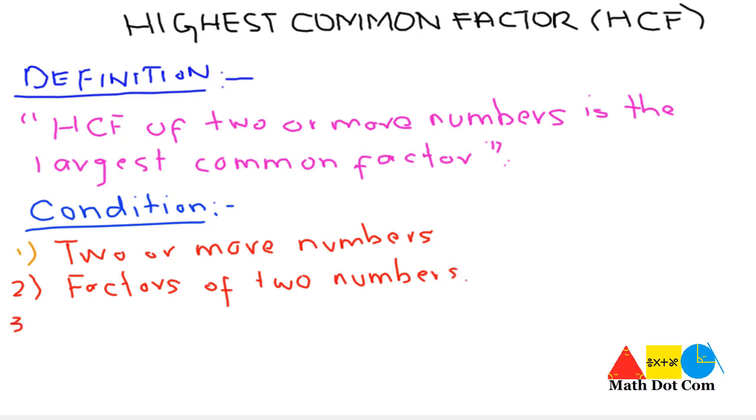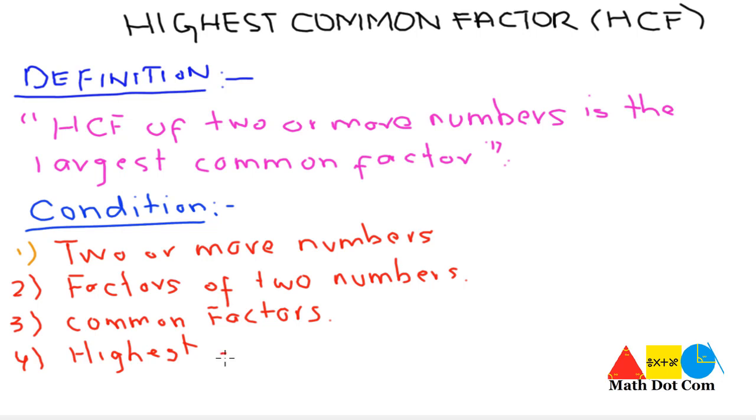The third condition is the common factors. We must have the common factors of the two numbers, that are common in both. And the last condition that is required is the highest of those common factors, in order to evaluate the HCF of two numbers.